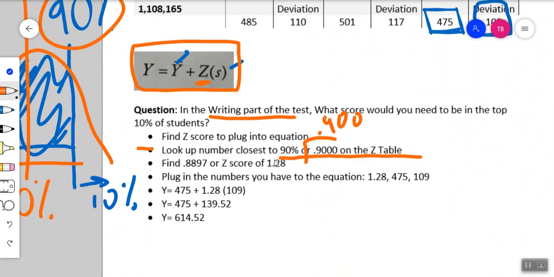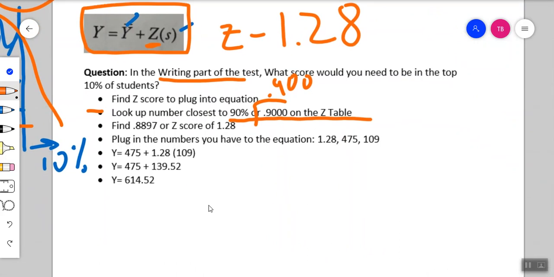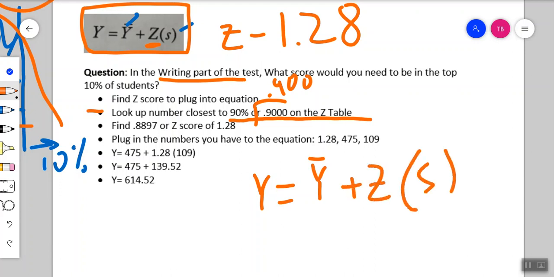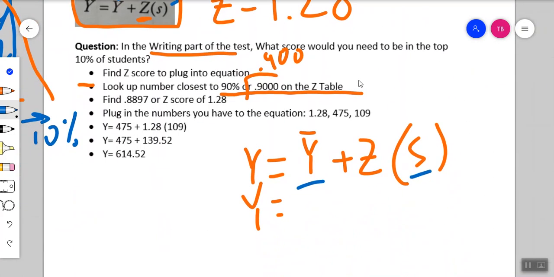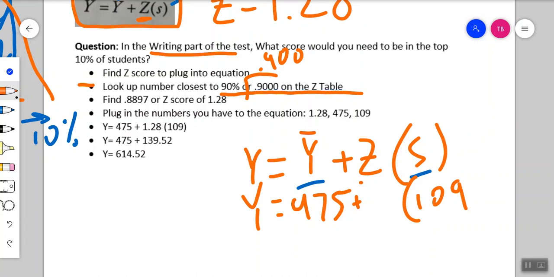Now we have the z-score, z equals 1.28, and we start plugging things in. I'm going to write down the equation here: y equals the mean plus z times our standard deviation. So going back up, it's 475 and 109, and we just looked up our z-score, 1.28.